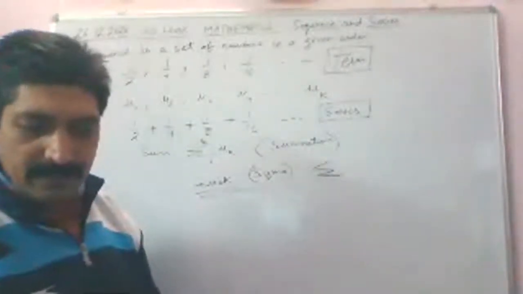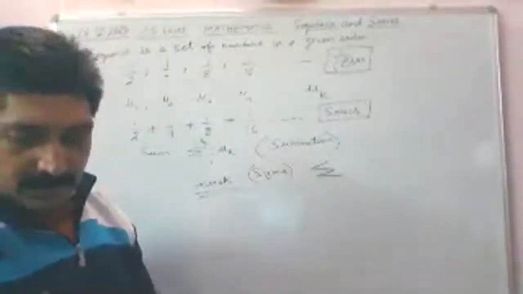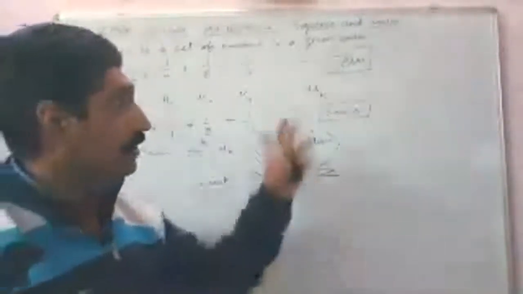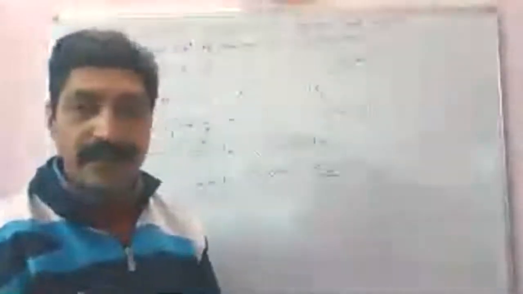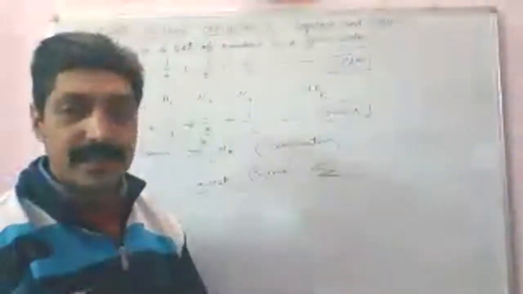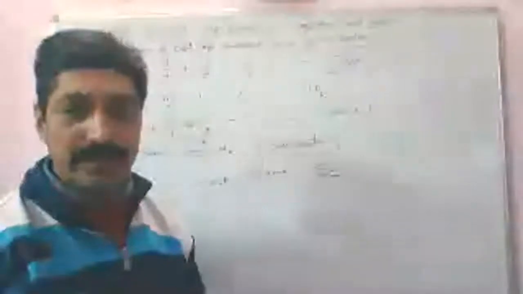So here we have some examples about sequence and series, finite and infinite. When the nth term is given, we say it is a finite series or sequence. And if n is not given, then we say it is an infinite sequence or infinite series, right?